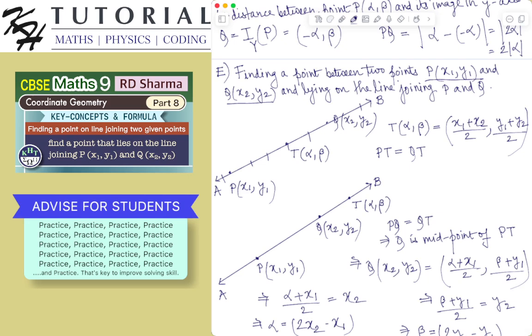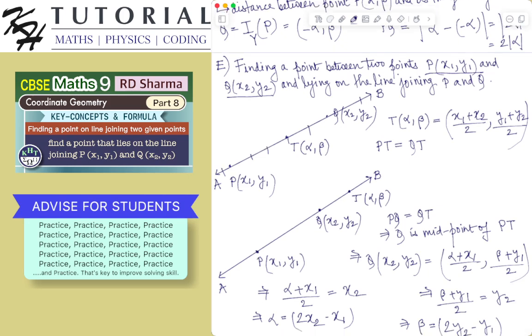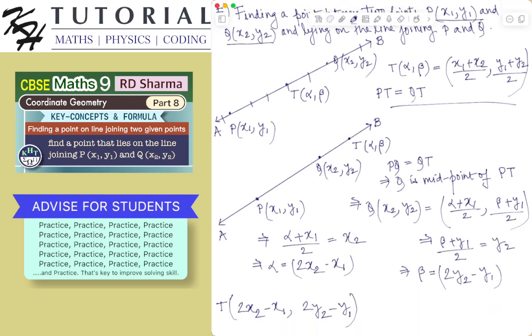Now always try to apply these concepts and formulas to find some point that will lie on the line joining the two given points P and Q, using this midpoint formula. Please note that I am not asking you to remember this formula, just apply the concept.